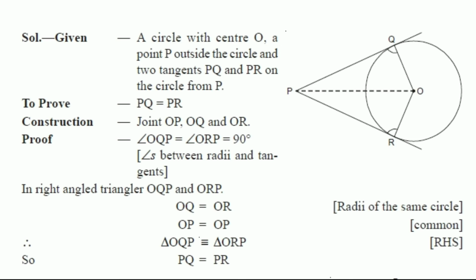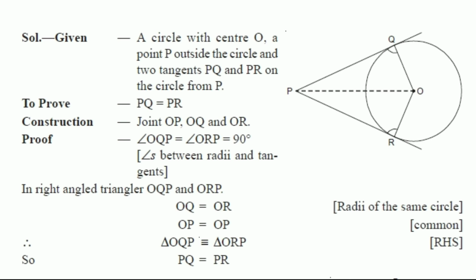Similarly, on the other side also, the radius OR is perpendicular to the tangent line PR. Meaning angle Q and angle R are both equal to 90 degrees. With that, these two triangles visible in the figure become right angle triangles, with right angle at Q in the above triangle and at R in the triangle at the bottom.